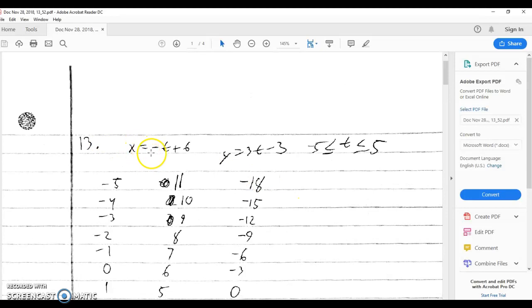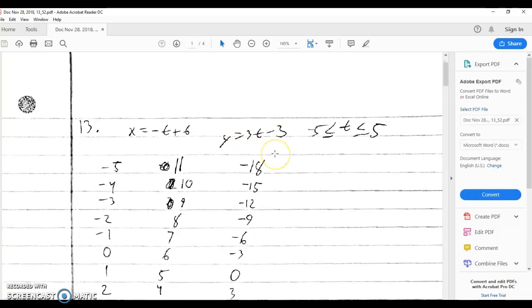So one thing that we could do here is maybe solve this first one for t. If we did that, we would get t is 6 minus x. And then you could go into here and plug in 6 minus x for the t, and you would get 18 minus 3x. So in the end, you would end up with 15 minus 3x.